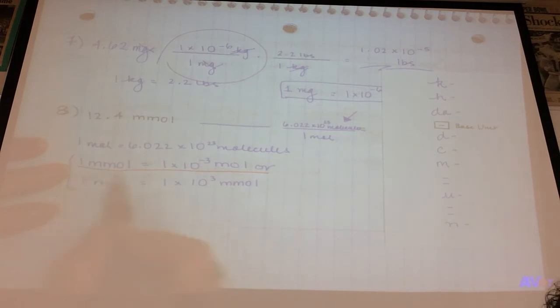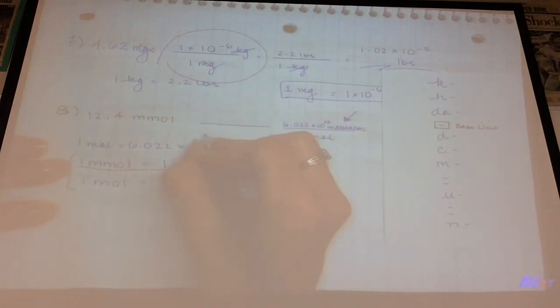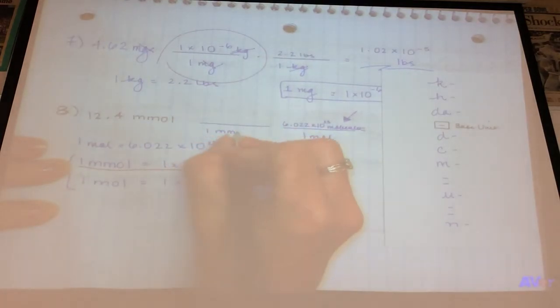I'm going to use this fraction because that's the one that you had said initially. From the one underlined in red, what must go in the denominator? The 1 millimole, because it has to cancel out. You got it.